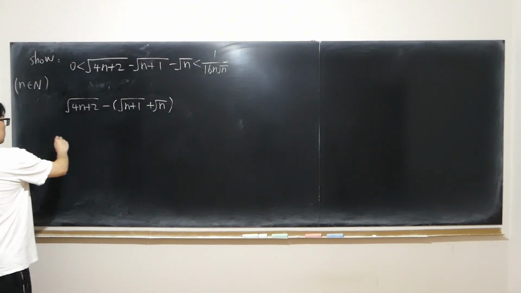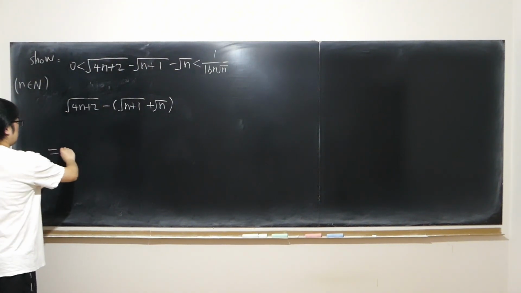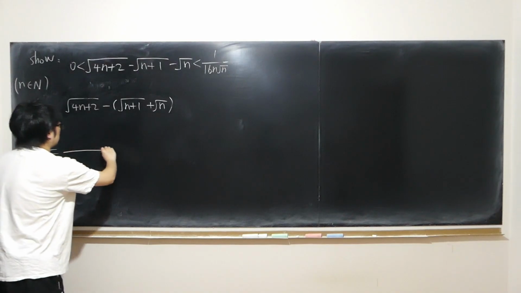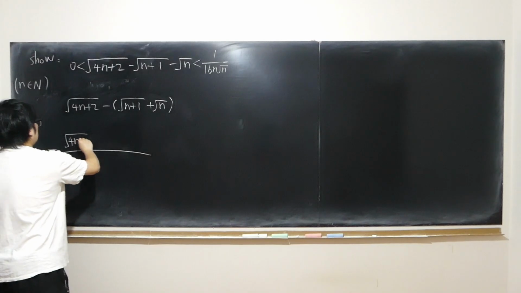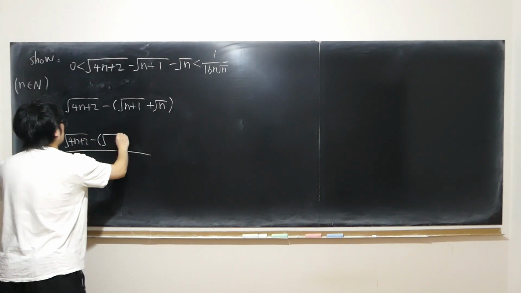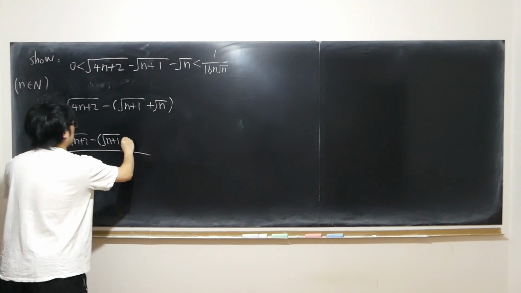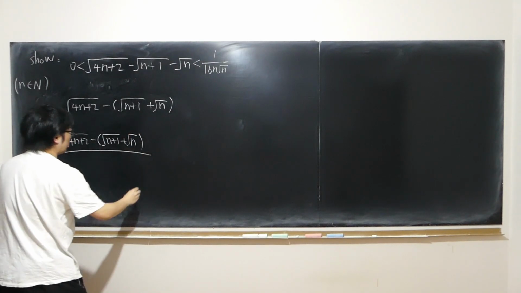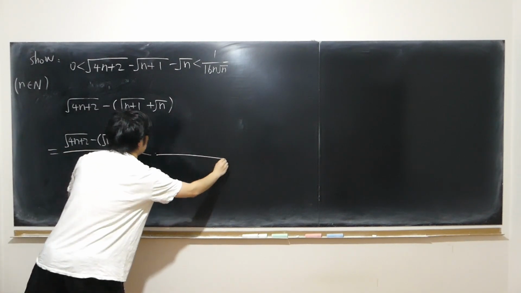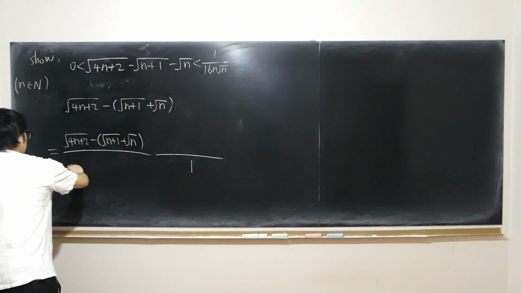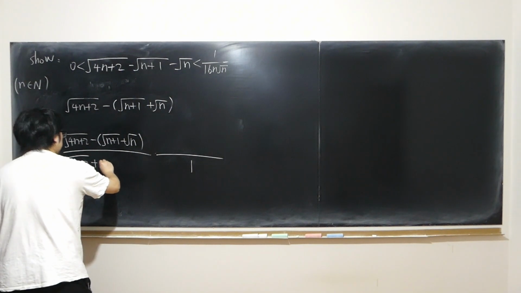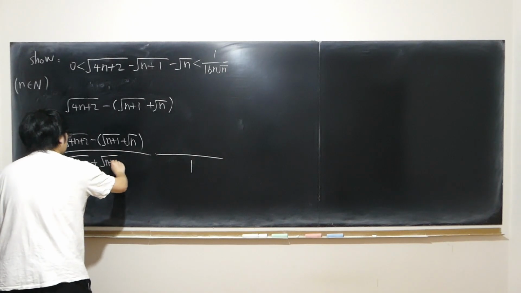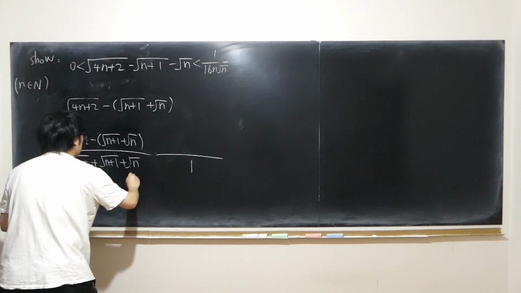So again, rationalize the numerator. First I'll copy it down. Then multiply by its conjugate. So 4n plus 2 plus square root of n.